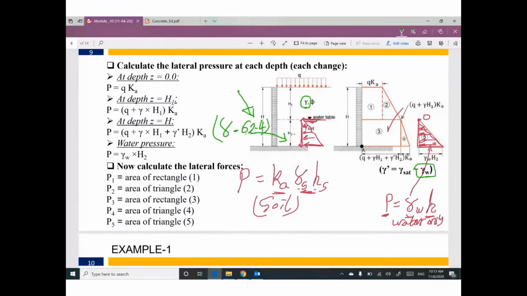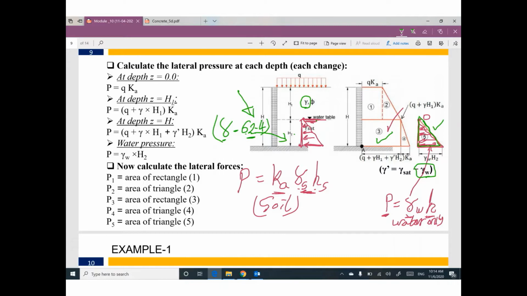Gamma of water. Why did you subtract gamma of water from gamma of soil? Because you already separated the pressure of water alone, so I will not use it 2 times. I draw the effect of water alone with a triangle. So when you are trying to calculate the soil pressure, please subtract gamma water from the gamma soil.